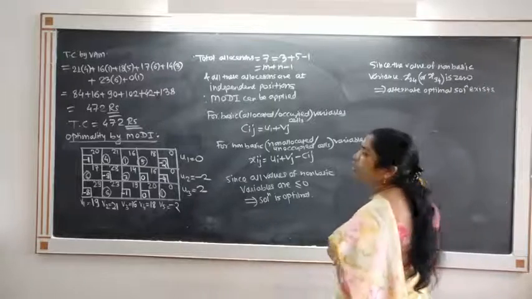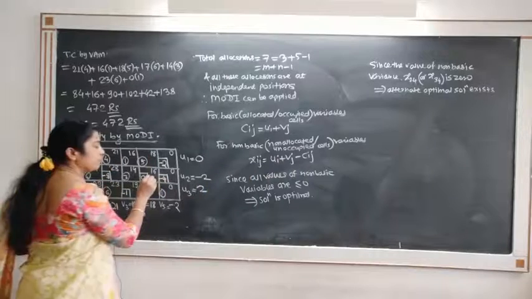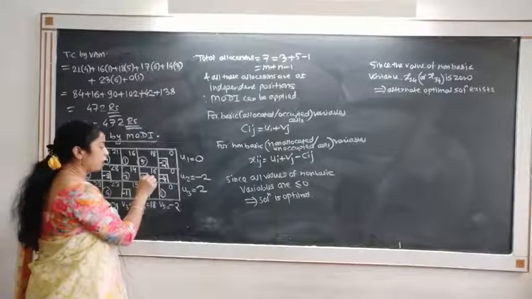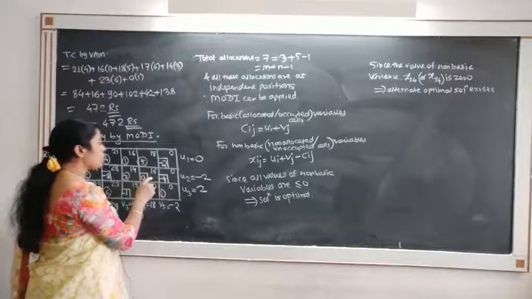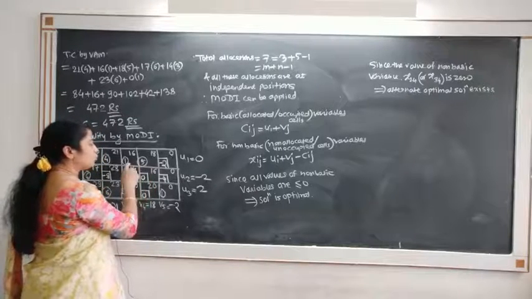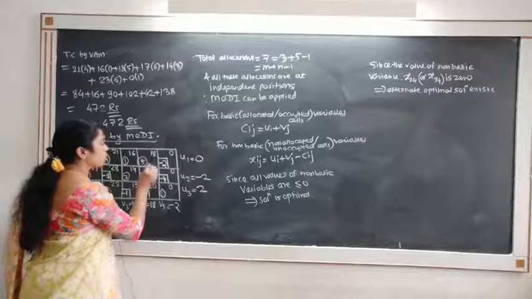So to find this alternate optimal solution, we will start with that cell having 0 value of the non-basic variable and form a closed loop as usual and apply MODI. So we will form a closed loop now.